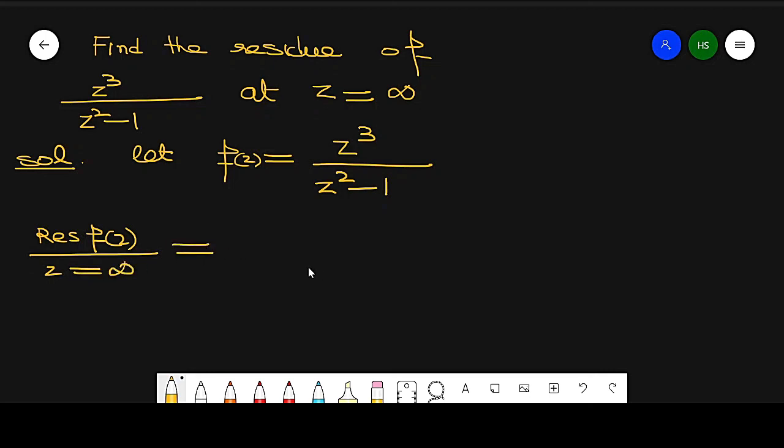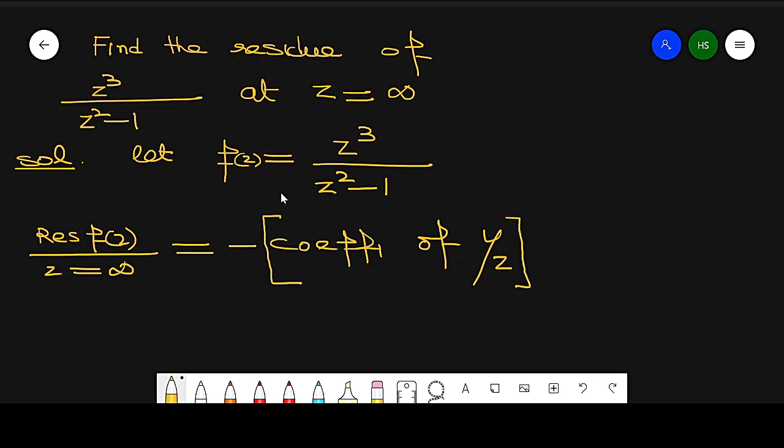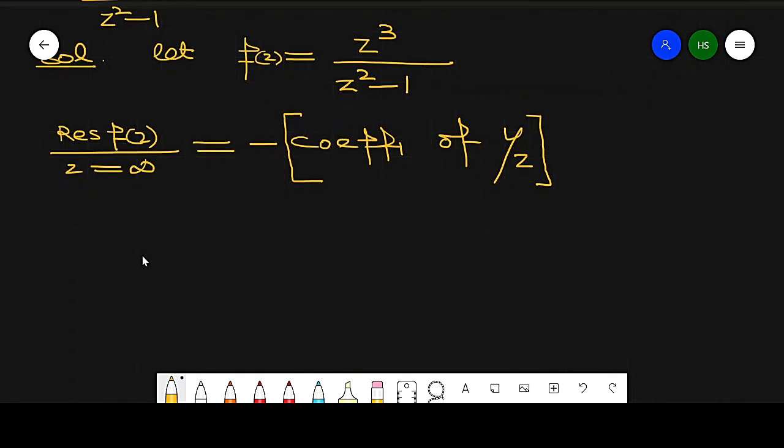So what is its formula? It is minus the coefficient of 1 by z in the series expansion of the function f of z. So how will we find it?